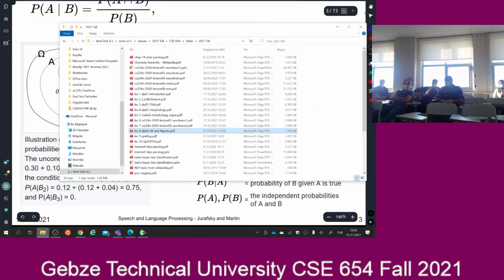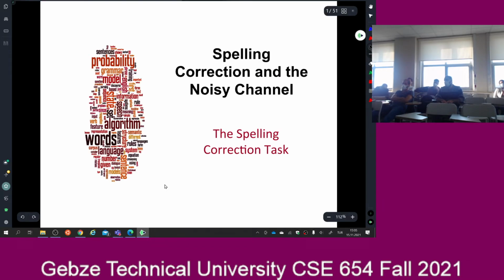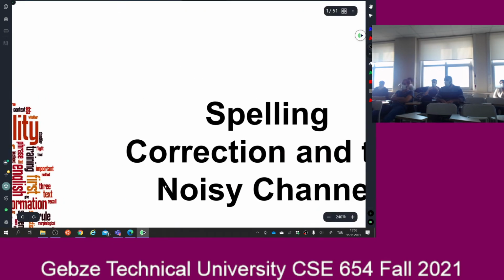Okay. So let's start talking about this spelling stuff. Didn't we talk about spelling before? Yeah, spell checking. Well, in that case, what we did was, okay, if I write alt, what is the distance to this word kalb?